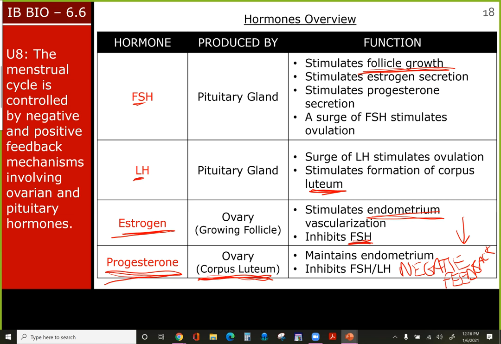So there's a question that says, if these are the functions of these hormones, why does artificially introducing them with birth control cause such weird side effects? Because, like I said, if you're basically tricking your body into thinking something's happening that's not, that's bound to cause weird side effects. Now, the purpose of these hormones is to prepare the body to maintain another individual, right?